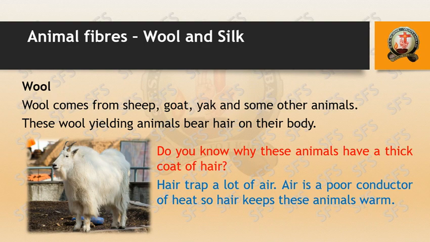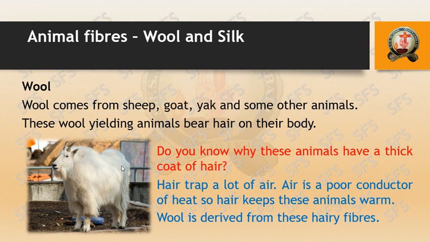When more hair is present on their body, there will be minute pores, so air will sit over there, and those thick hairs will not allow the air to transfer to the outside. As a result, it helps their body to keep themselves warm. So wool is actually derived from these hairy fibers only. So this hair is very, very important, right? From this only we will get a lot of wool, which helps us to make sweaters for us, right?